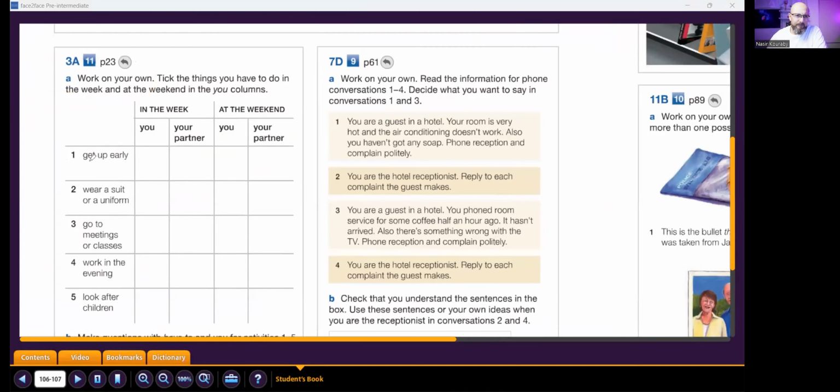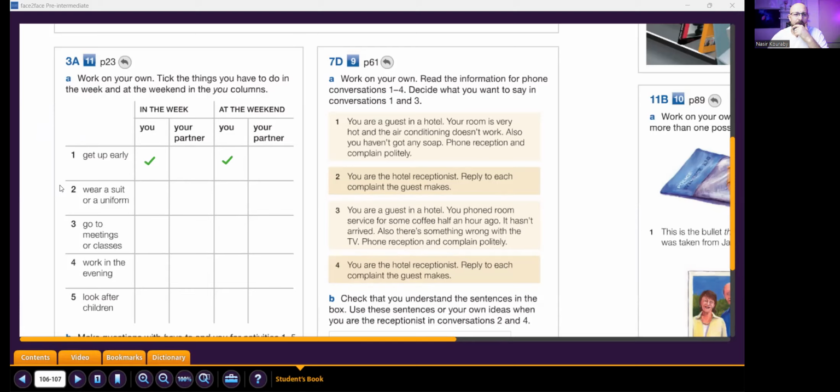Now, what you should do, you have here things that people do, like get up early, wear a suit or a uniform, go to meetings or classes, work in the evening, look after children. So for yourself now, you talk about yourself, okay? You tick the things that you do, and you X the things that you don't do. For example, get up early, for me, yes, but at the weekend, yes, the same.